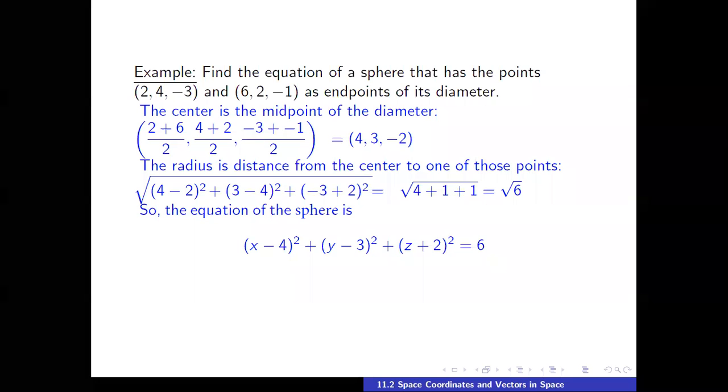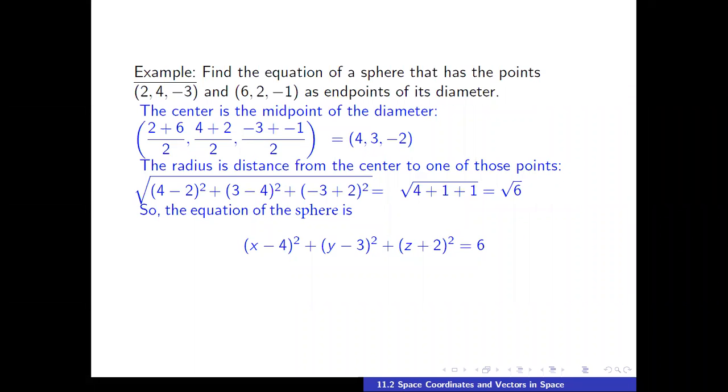All right, well, let's finish off this section on space coordinates and vectors in space. Okay, so this is interesting stuff. Remember we ended last time by looking at these 2 points in space as forming the endpoints of a diameter of a sphere.